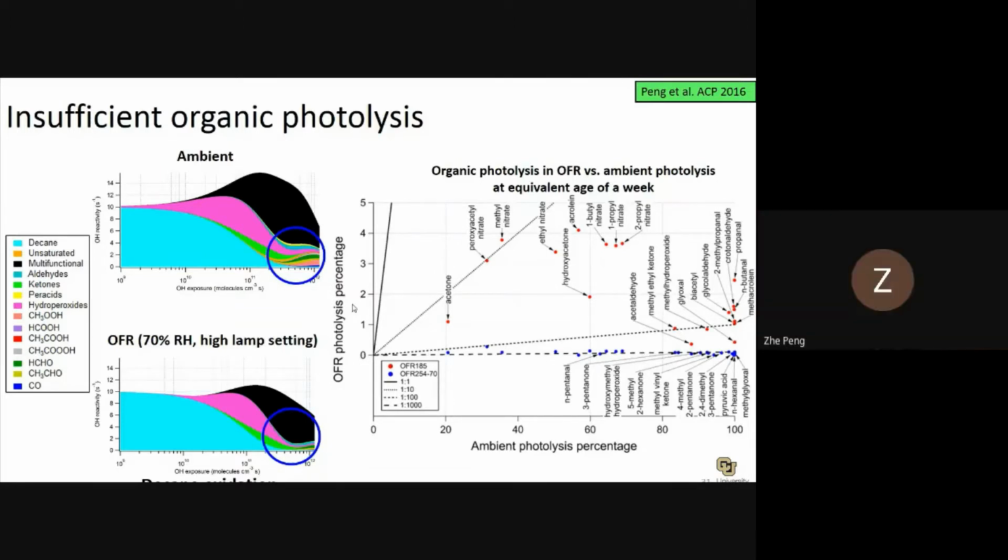So to reach a certain OH exposure or equivalent photochemical aging, the UV photons the reactants see in OFR is very low compared to the atmosphere, because in the atmosphere, the OH concentration is very low. So to reach a certain photochemical aging, it should wait for a long time. And during this time, ambient photolysis can undergo to a significant extent.